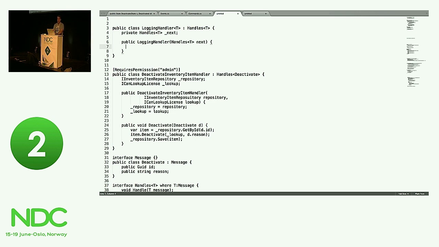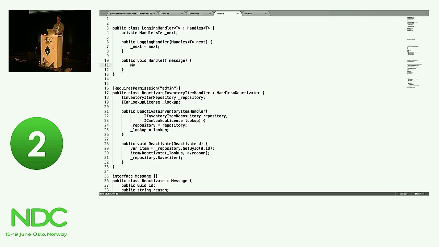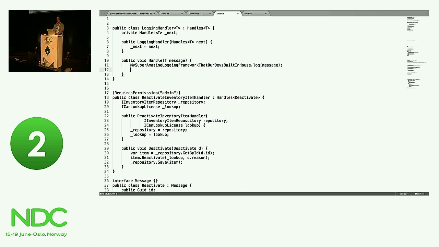And then we're going to say underscore next equals next. And then in our handler here, we're going to have a public void handle. This is going to take a t, which is our message. And then we might say, for instance, something like my super amazing logging framework that our devs built in-house .log message. And then I could say, for instance, underscore next .handle message. Cool, we've discovered the proxy pattern.